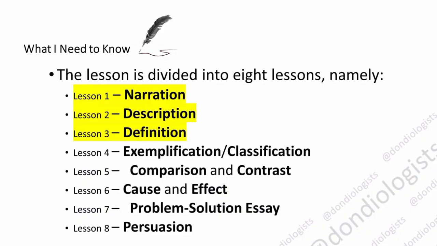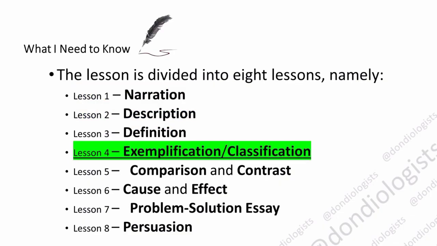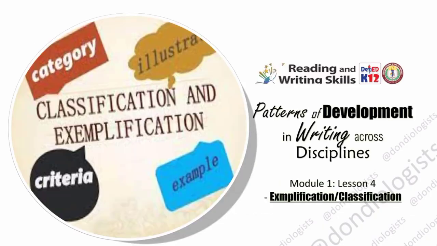In the previous lessons, you have learned the differences among the narrative, descriptive, and definition paragraphs. Now, you will familiarize yourself with two of the most common patterns of paragraph development, exemplification and classification.